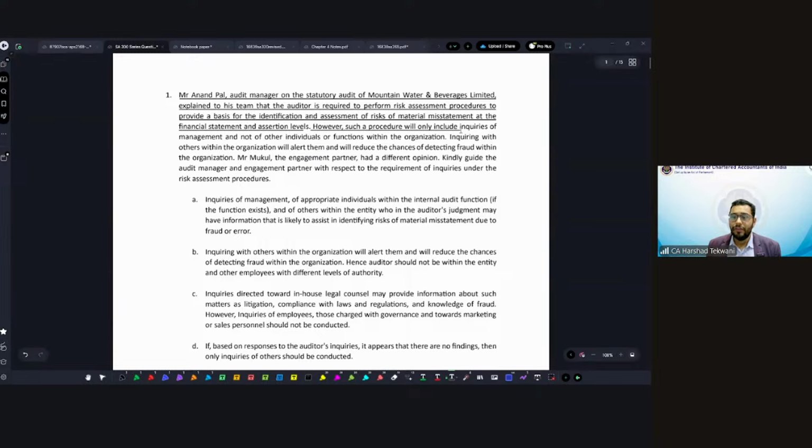However, such a procedure will include only inquiries of the management and not of other individuals or functions within the organization. Inquiring with others within the organization will alert them and will reduce the chances of detecting fraud within the organization. Mr. Mukul, the engagement partner, had a different opinion. Kindly guide the audit manager and the engagement partner with respect to the requirement of inquiries under the risk assessment procedure. So you have the options A, B, C, D.